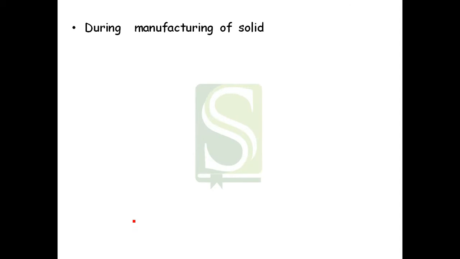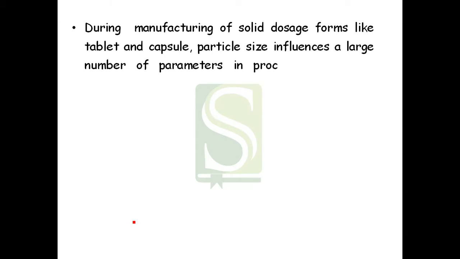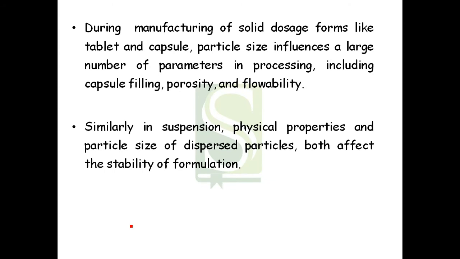During manufacturing of solid dosage forms like tablets and capsules, particle size influences a large number of parameters in processing, including capsule filling, porosity and flowability. Similarly, in suspensions, physical properties and particle size of dispersed particles both affect the stability of the formulation.